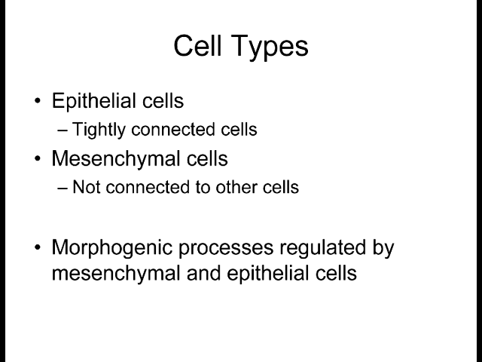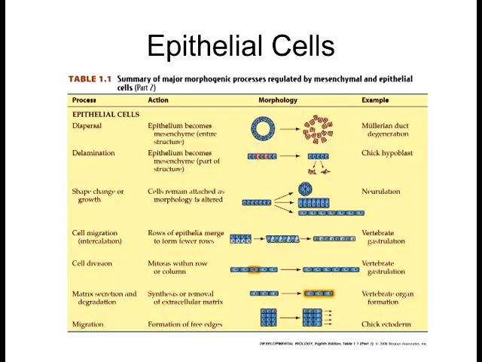So again, there's a wide variety of ways. One of the words that I will use quite a bit, so just be familiar with it for later on, is delamination. Because delamination is one of those processes, one of the more common processes when cells go from an epithelial to a mesenchyme transition, where they go from a sheet of cells to individual migrating cells, so to speak.